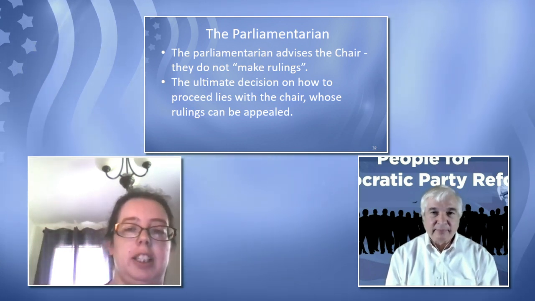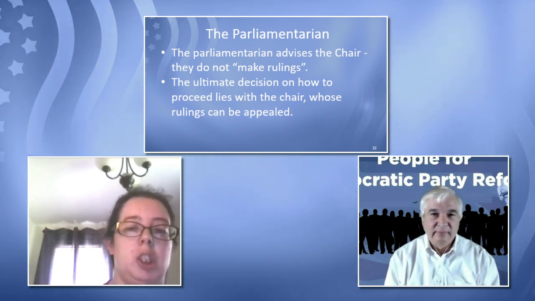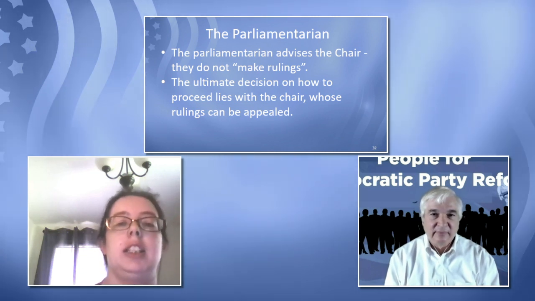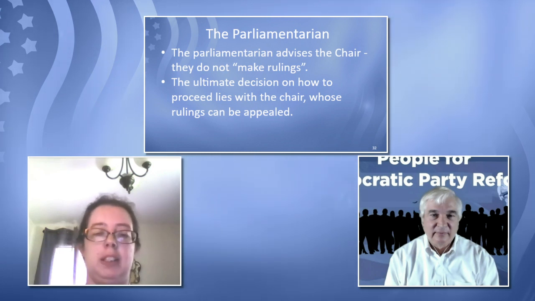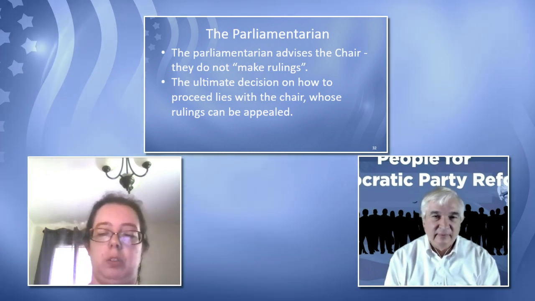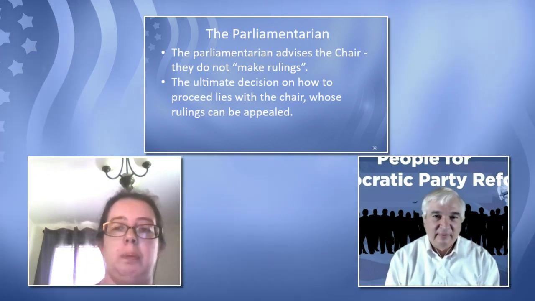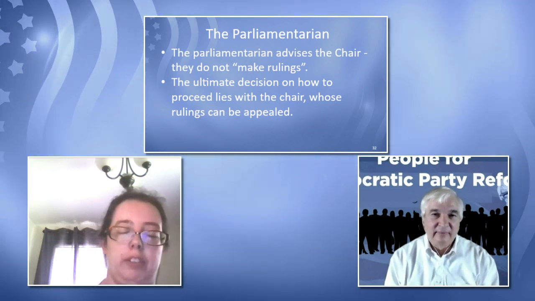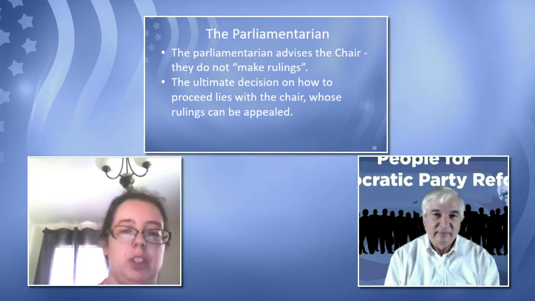So the parliamentarian advises the chair. They don't make rulings. They issue opinions and say, this is what happened, this is what principles were violated, this is what you can do from here on out. But the ultimate decision on how to proceed lies with the chair.